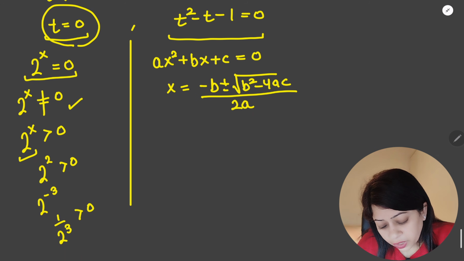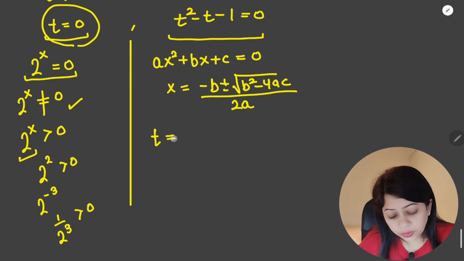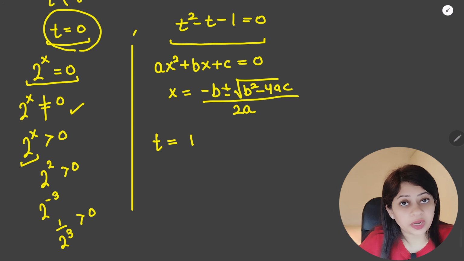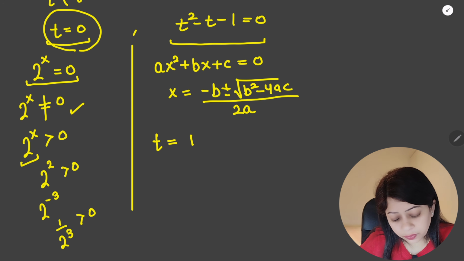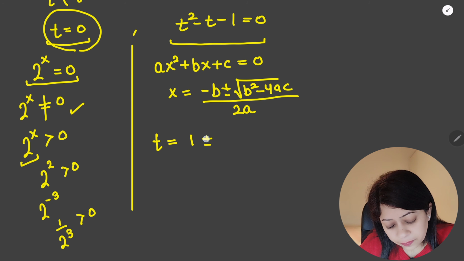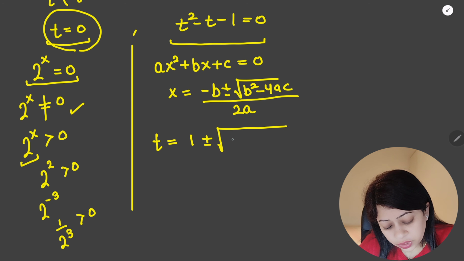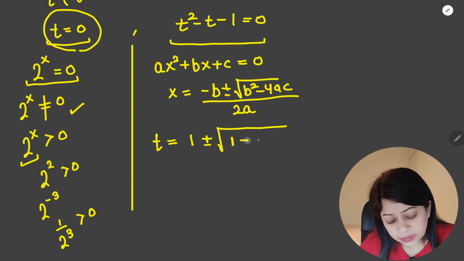Okay, so here we have t is equal to, what is b? b is minus 1, so this will become plus 1. Minus of minus 1 is plus 1, plus minus under root of b square. b is minus 1, so this will be 1 minus 4 times a times c. What is c? c is minus 1, right?